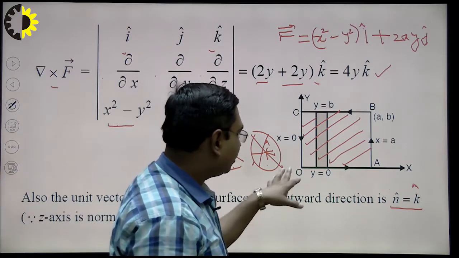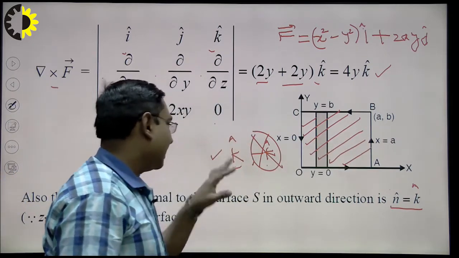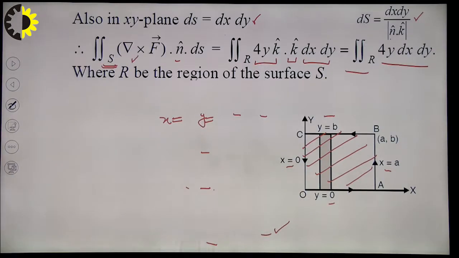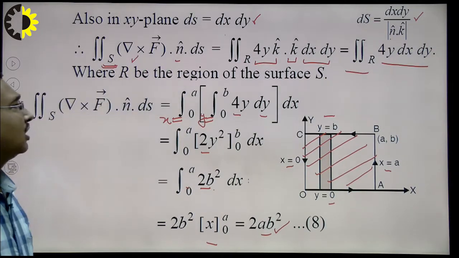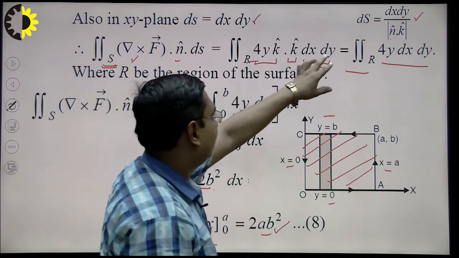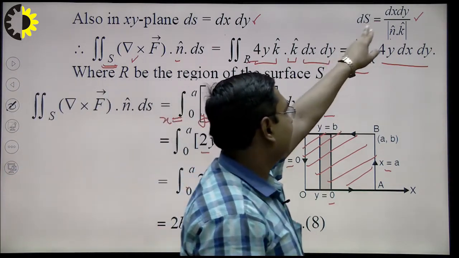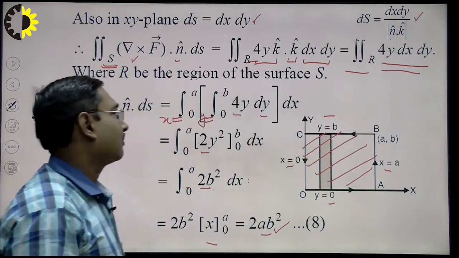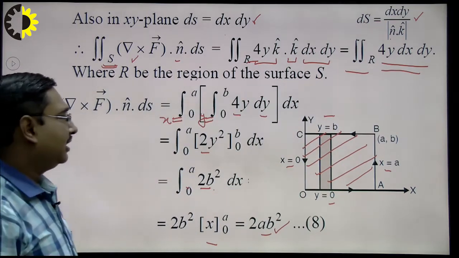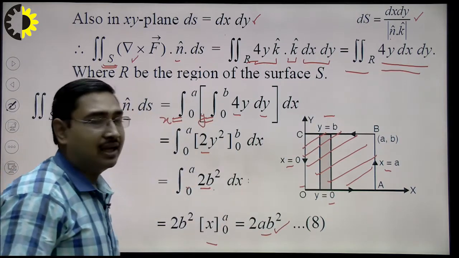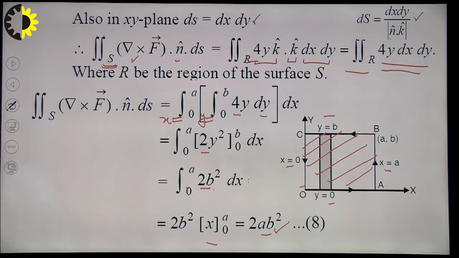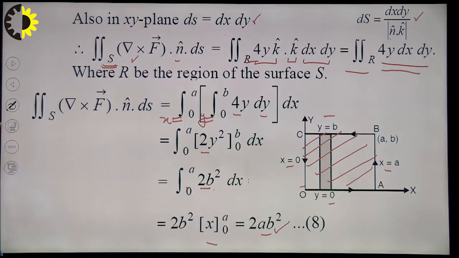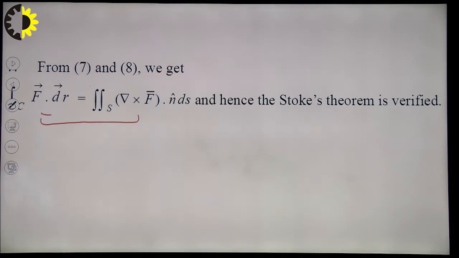Due to the orientation of this curve, n cap will be plus k cap. So this del cross f dot n cap ds was converted to this form because ds is this expression, and so I obtained this double integral. Evaluating this double integral over the same rectangle, because the projection will be the same as the surface, I obtain again 2b square, hence our Stokes theorem is verified.